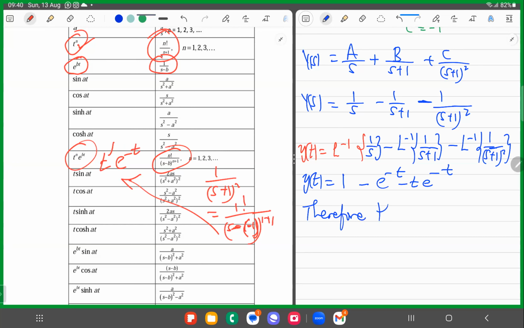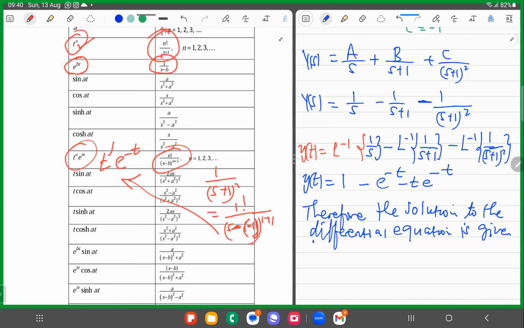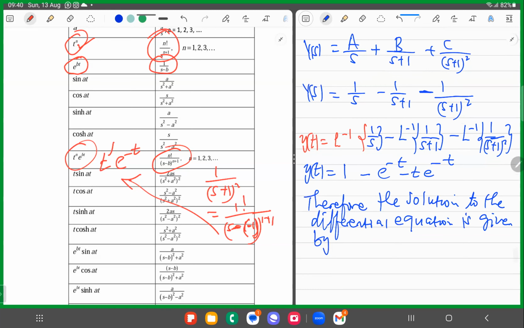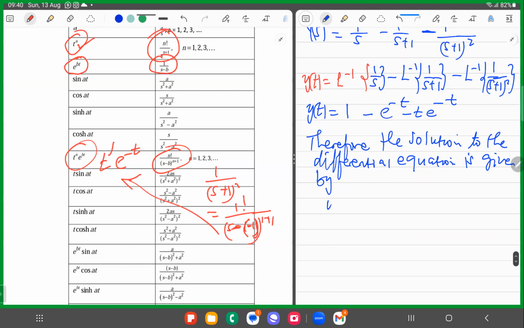Therefore, the solution to the differential equation is given by y of t is equal to 1 minus e to the minus t, minus t e to the minus t.